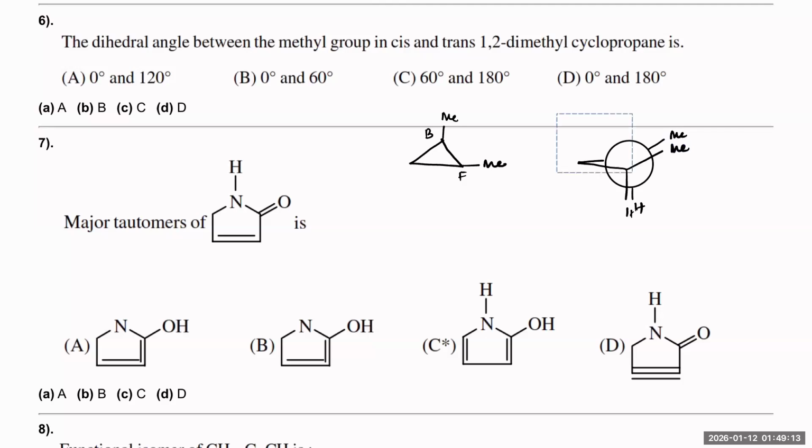And when you have it in the trans position, same structure, but instead of hydrogen and methyl, I can replace that hydrogen here and methyl here. So now you can notice what is the angle that it is making, 120 degrees. Here, what is the angle that it is making, 0 degrees. So what are the angles that it will show? It will show 0 degrees and 120 degrees. Clear? Next.